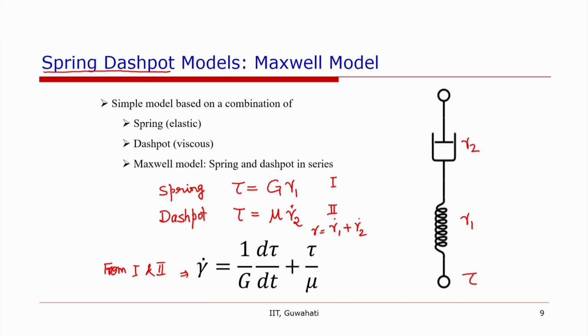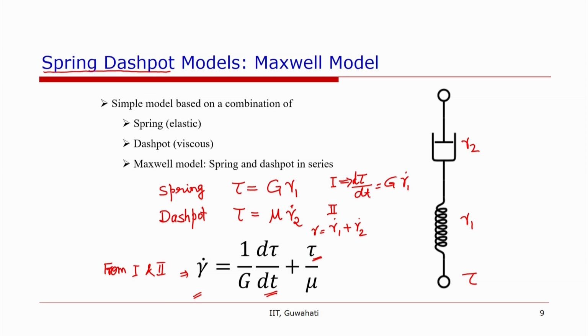You might notice that because we want to write gamma 1 dot plus gamma 2 dot, to obtain gamma 1 dot we need to differentiate this. So, we can write d tau over dt is equal to G gamma 1 dot, and if we substitute that here, we will get a relationship between stress, the rate of change of stress, and strain rate. Okay. So, this model is known as the Maxwell model.